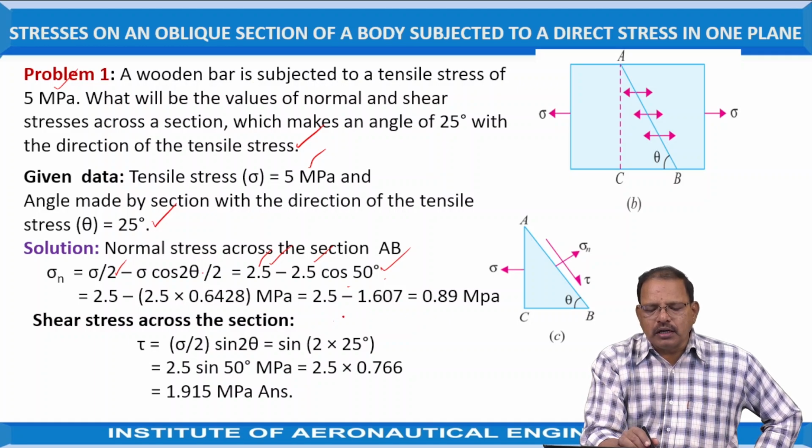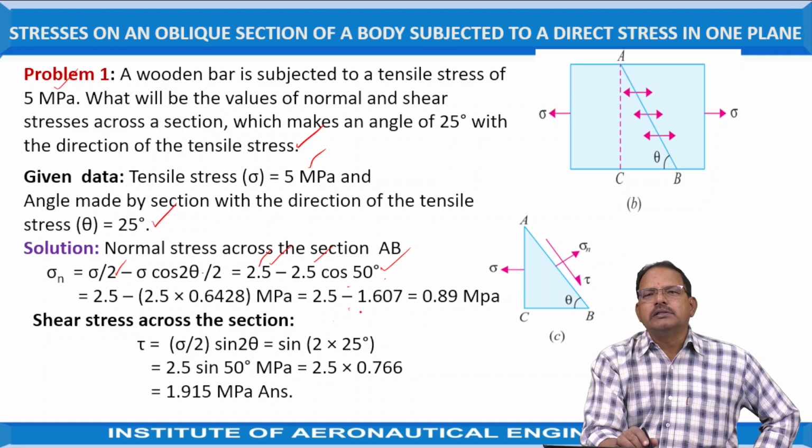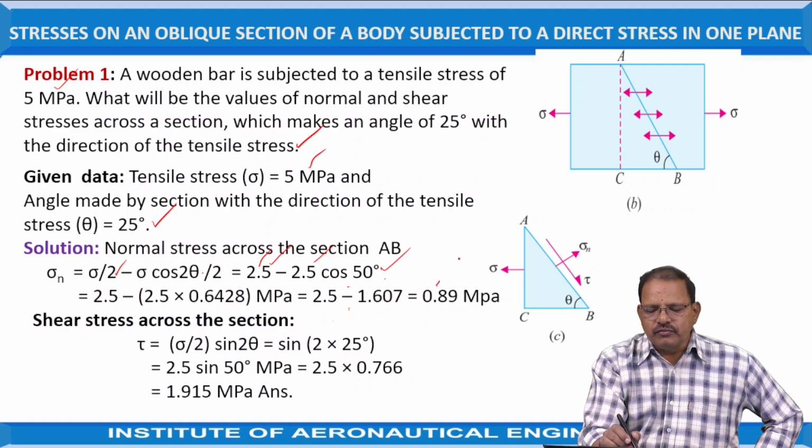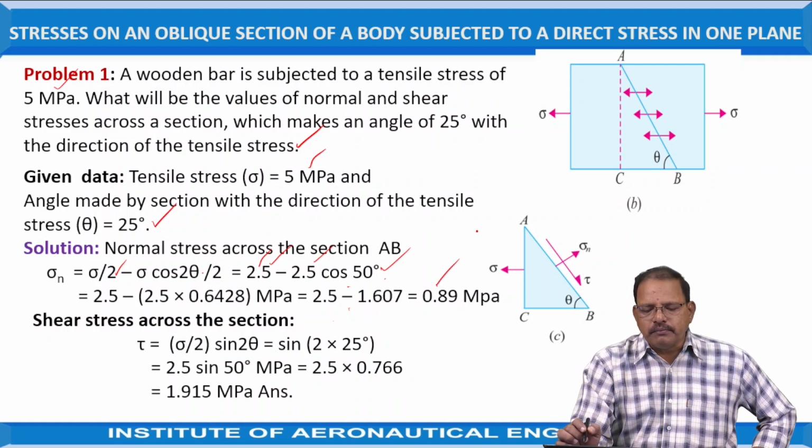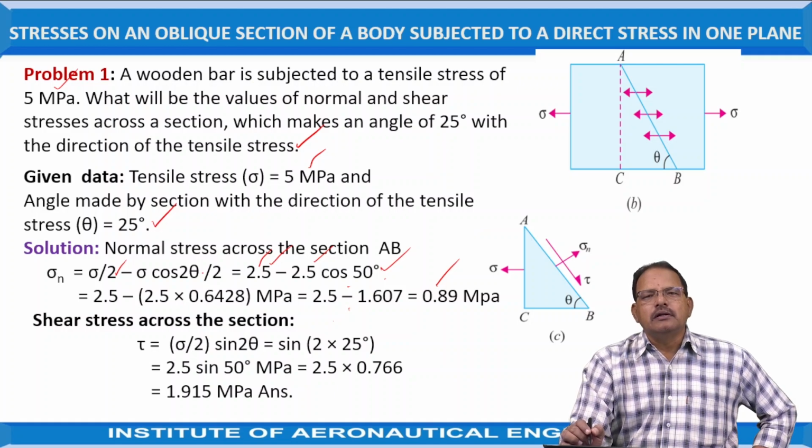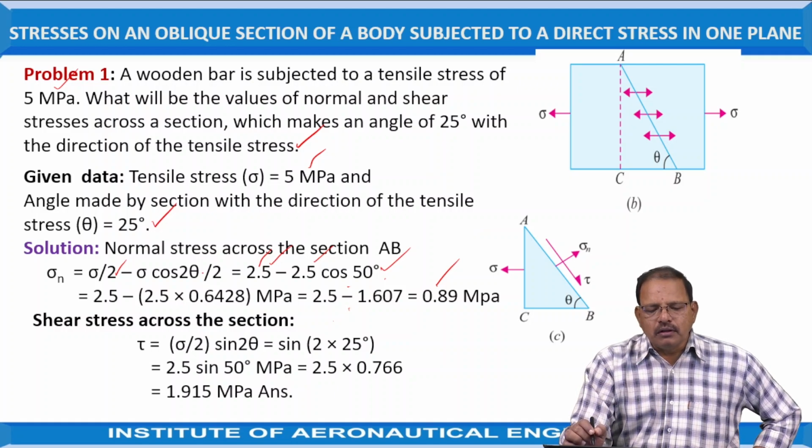Doing the calculation, we get 2.5 minus 1.607, which is equal to 0.89 megapascal. This is the normal stress that is acting on the oblique plane AB.